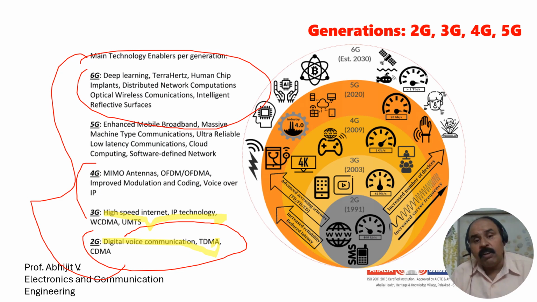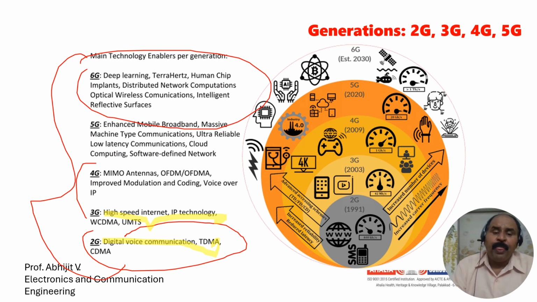We started developing other modulation techniques like the multi-carrier modulation techniques such as OFDM, orthogonal frequency division multiplexing, or orthogonal frequency division multiple access. This improved the modulation techniques and improved the communication over different user equipments, or different things that were connected to the internet.